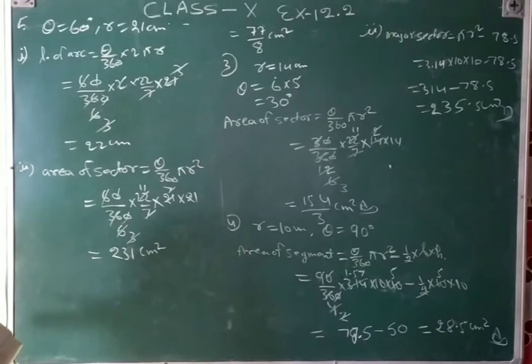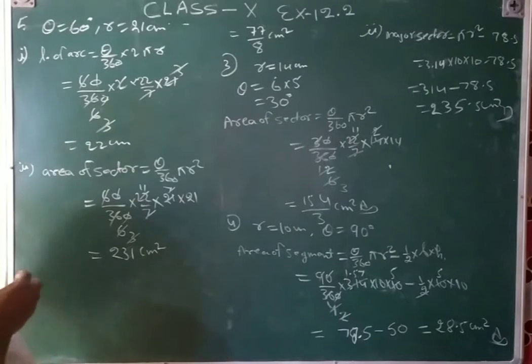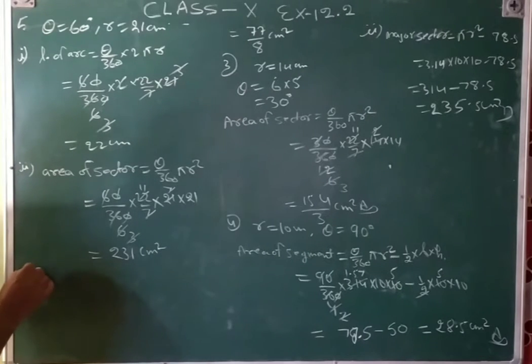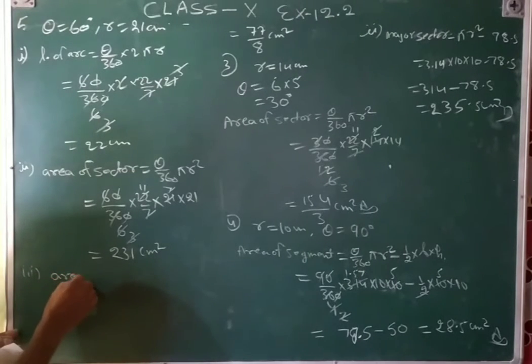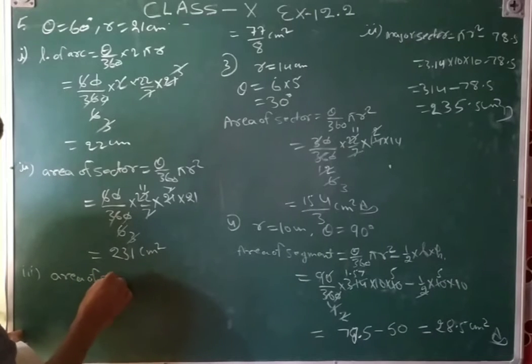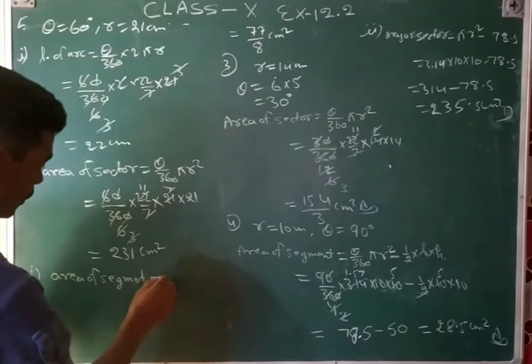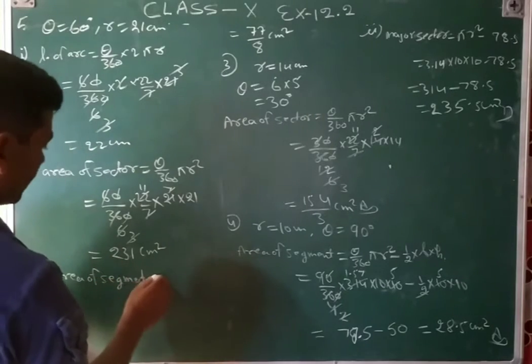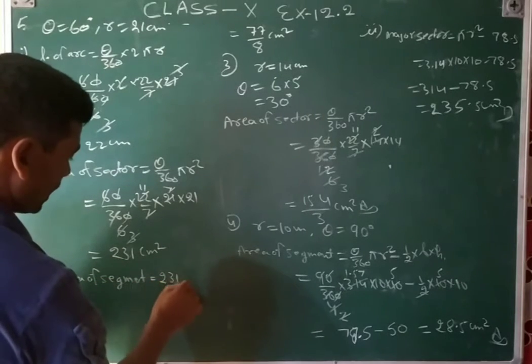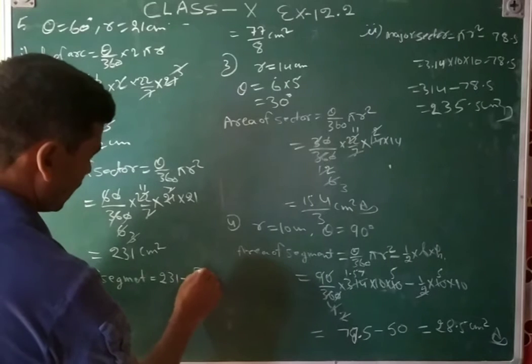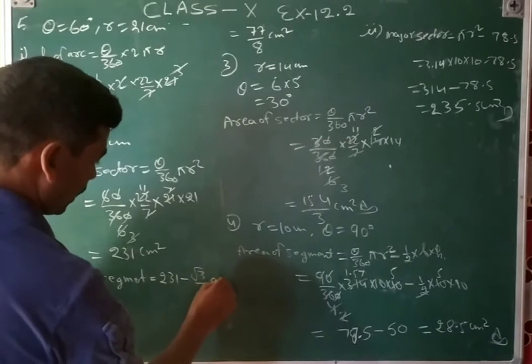Then the third part. Area of the segment formed by the corresponding chord. Area of segment is equal to area of sector minus area of triangle, that is under root 3 upon 4 a square.